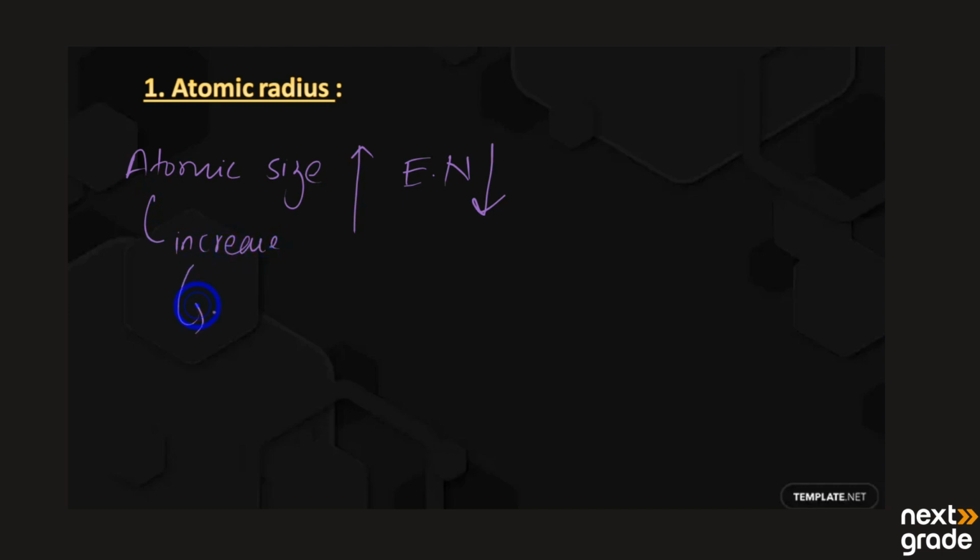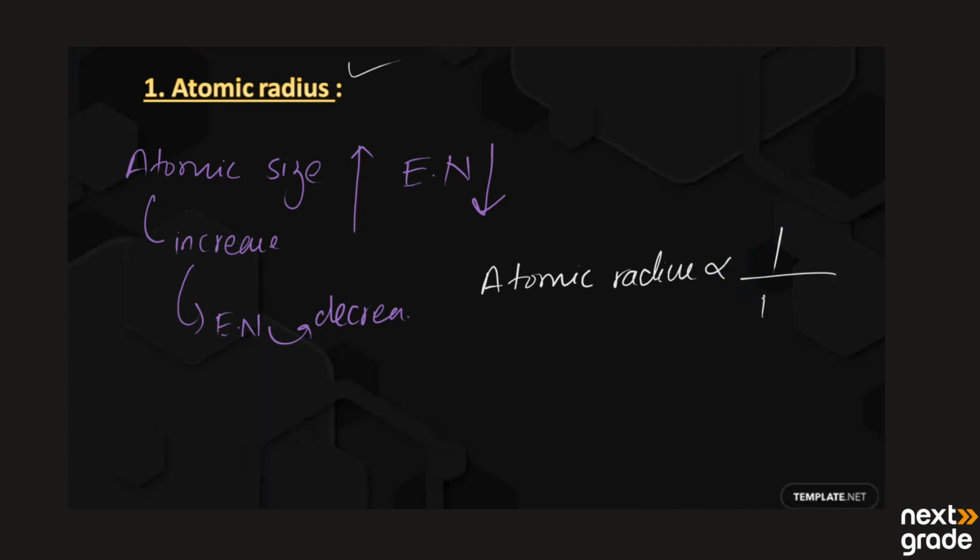So in groups, the electronegativity decreases. So there is an inverse relation between the atomic size and electronegativity. When atomic size, or atomic radius, increases or decreases, it will affect the electronegativity in an inverse relation: atomic radius increases, electronegativity decreases.